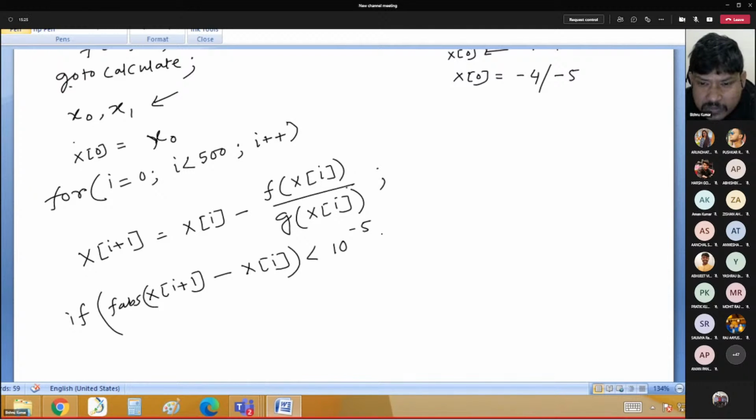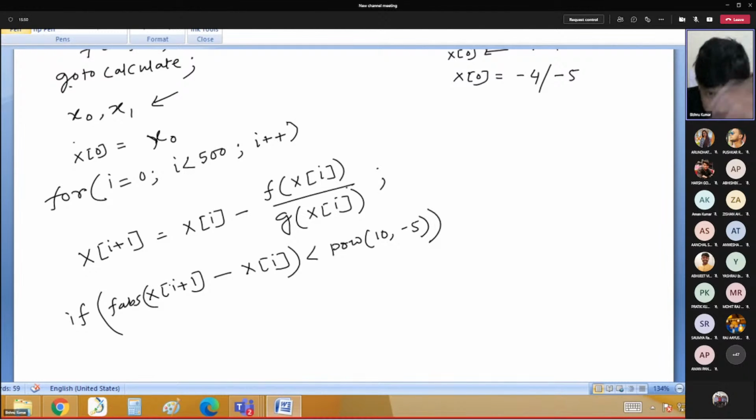Okay, that is, you just write pow(10,-5). If this condition is satisfied, it means in 2 consecutive iterations they match up to 5 decimal places. Suppose after doing 10 iterations it is matched.